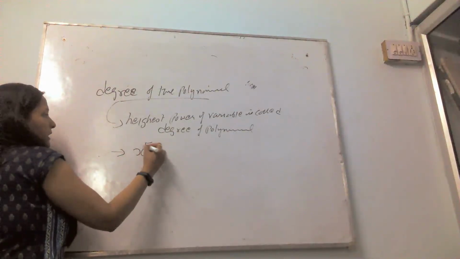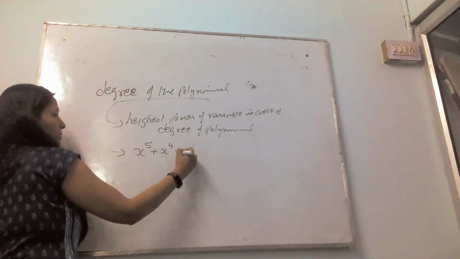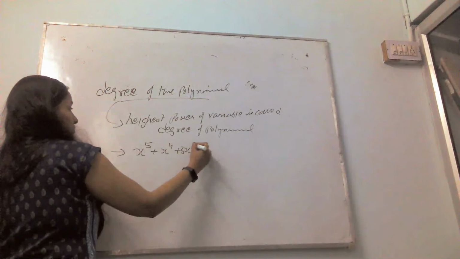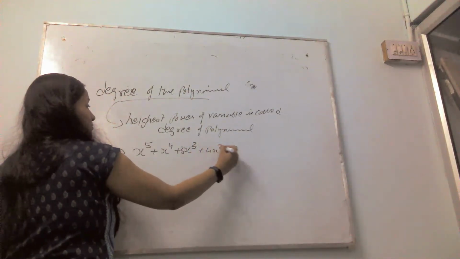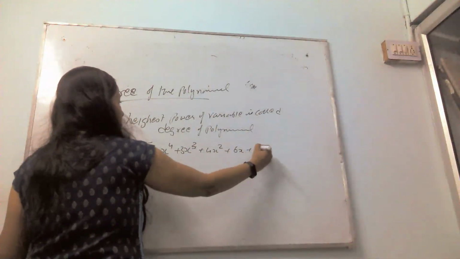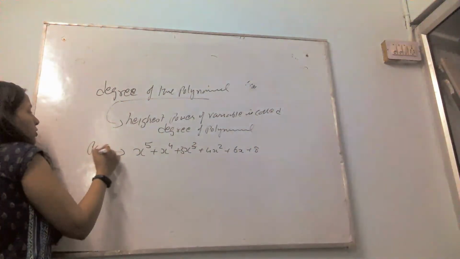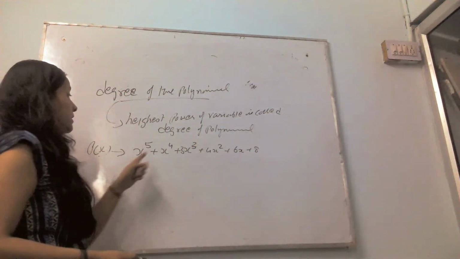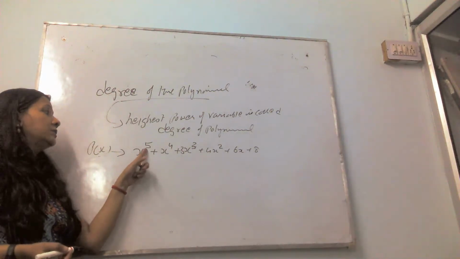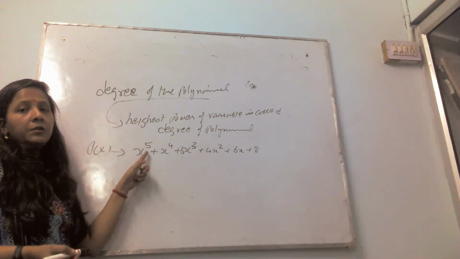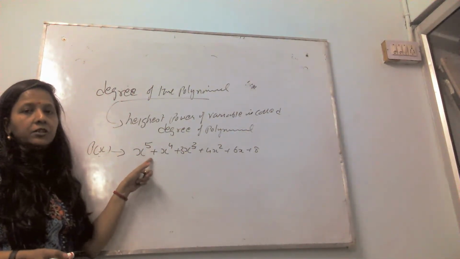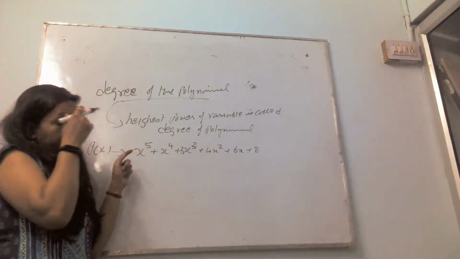Say, for example, x to the power 5 plus x to the power 4 plus 3x cube plus 4x square plus 6x plus 6. It is a polynomial of a variable x. Here we find that the highest power is 5. So the degree of the polynomial is 5.